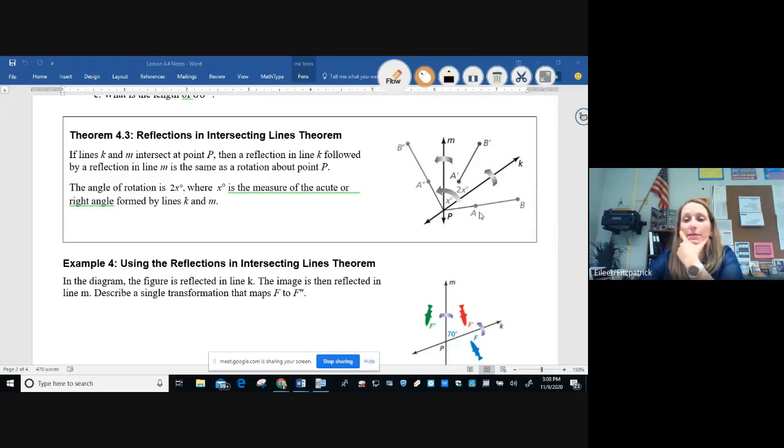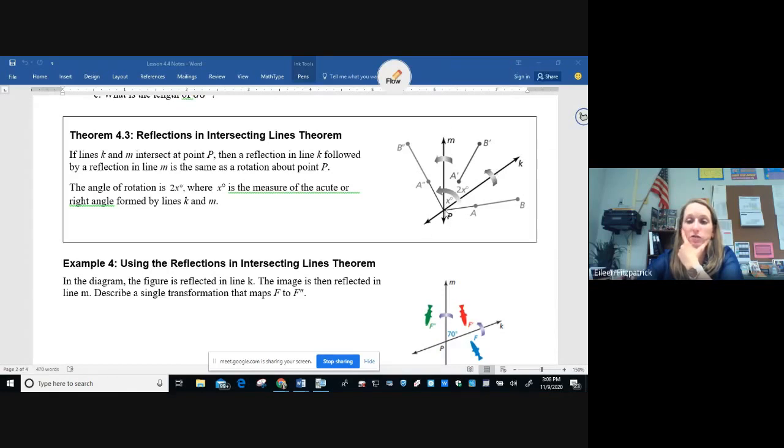If you look at the segment AB, it was first reflected over line K, then A prime B prime was reflected over line M. But what this theorem says is from the original to the final, that's actually a rotation, about the location where the lines intersect.